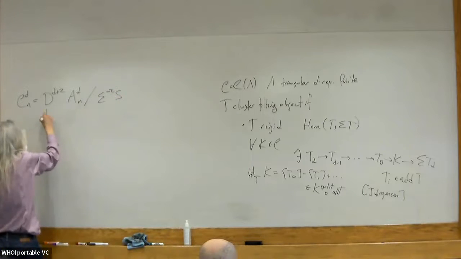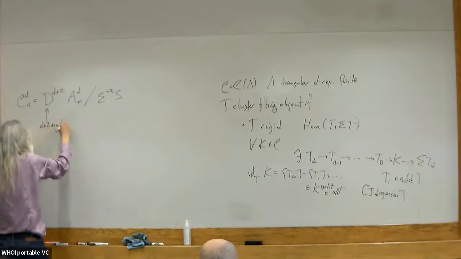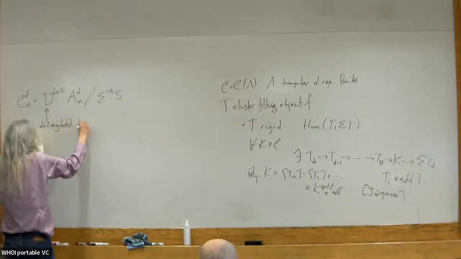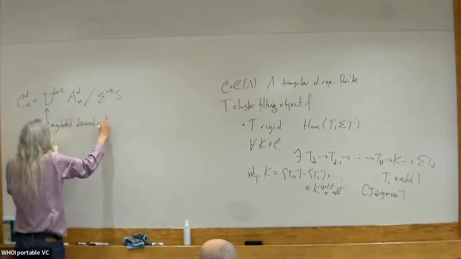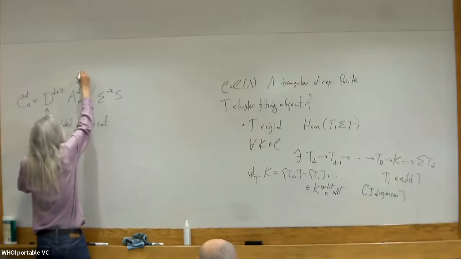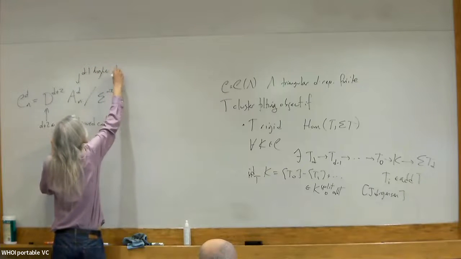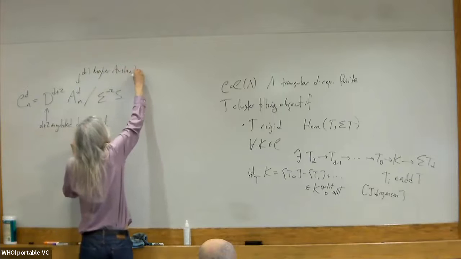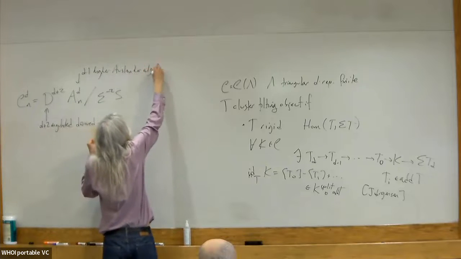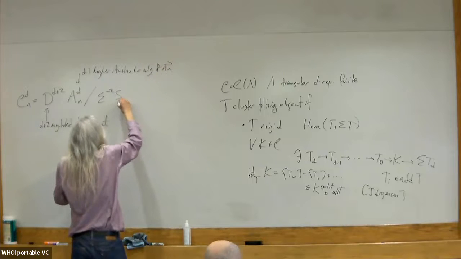This is the d+2 angulated derived category. This is the (d-1)-higher Auslander algebra of linearly oriented A_n, and this is the ceremony.